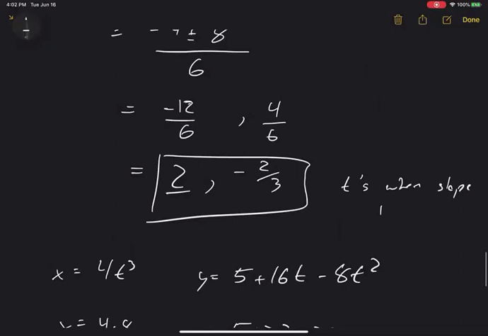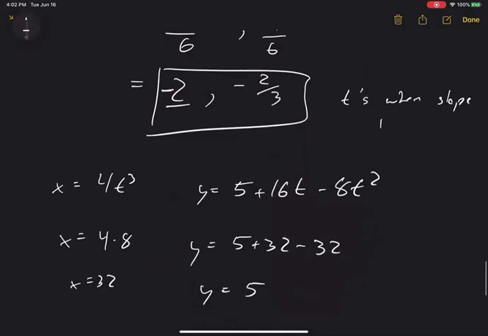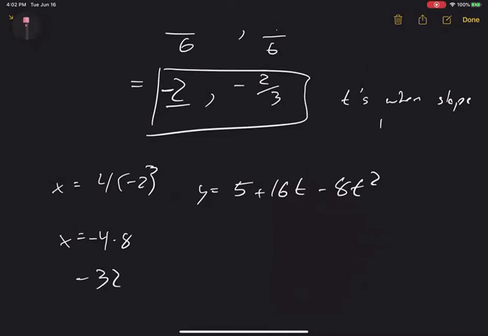I just realized a mistake. This should be -2, right? So I should plug -2 into these equations. In that case, I would have 4 times -2 cubed, so this should be -32. And then when I plug -2 into here, what do I get?